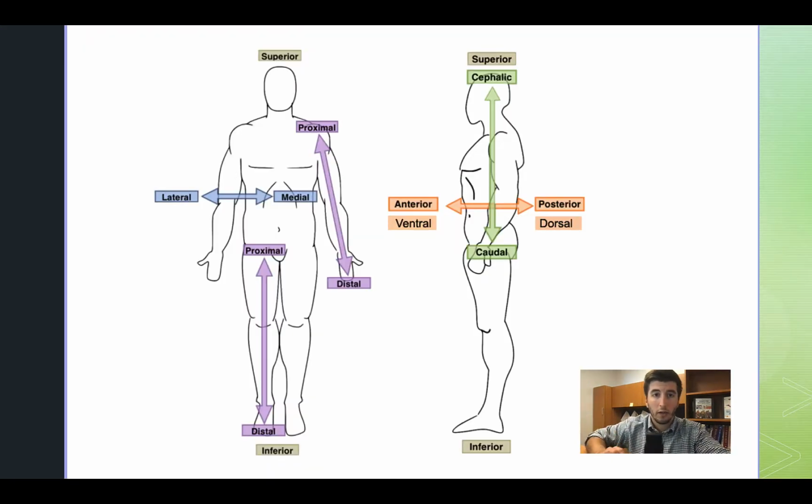The main ones I want you guys to know for this class are superior, which means above or higher than, inferior, which means below or lower than, proximal means closer to the midline, distal means further from the midline or further out on the appendage. You're going to have anterior, which means towards the front, and then posterior, which means towards the back.